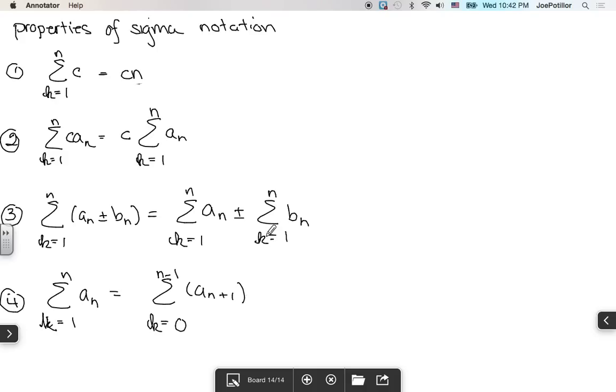Okay? So the last thing is that you can move the indices of summation from 1 to 0 or from wherever to wherever, as long as you subtract it.